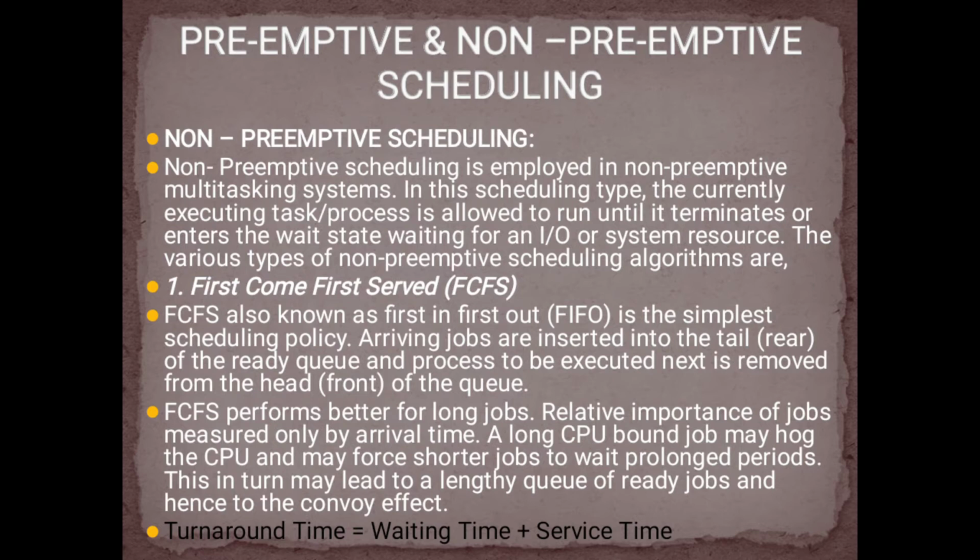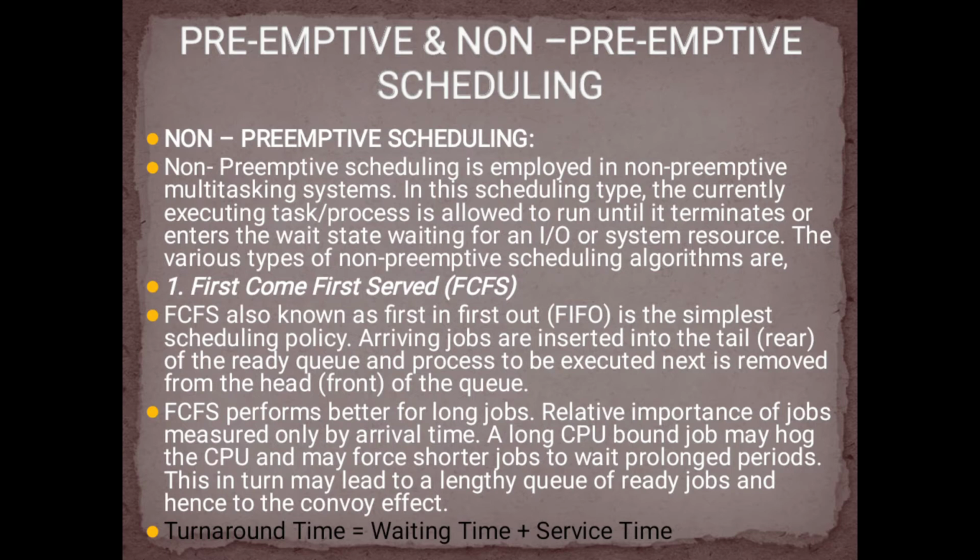In preemptive scheduling, if one of the tasks is executing and some other higher priority task comes, it will stop the currently executing process and the higher priority task will be executed first. Then after the highest priority task is completed, the preempted process will continue.